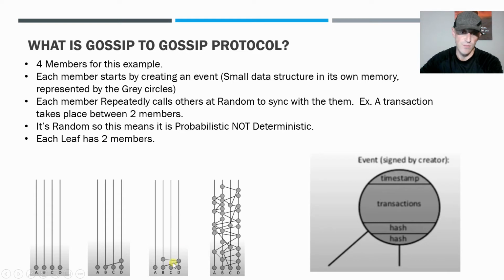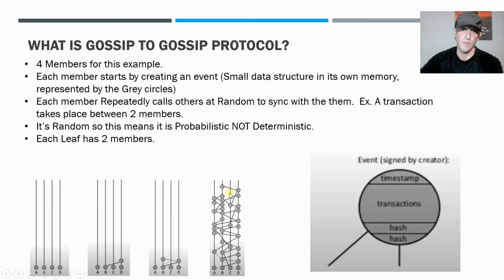Each leaf has two members, and so in picture two, you've got member B talking to member D. In picture three, D stores that event and then shares it with B again, and then it just goes on and on and on, like what you're seeing here.